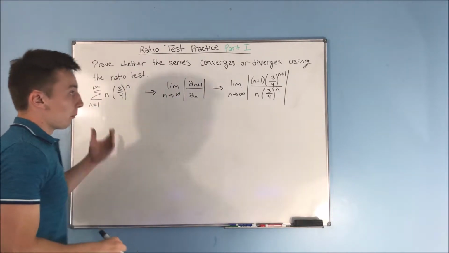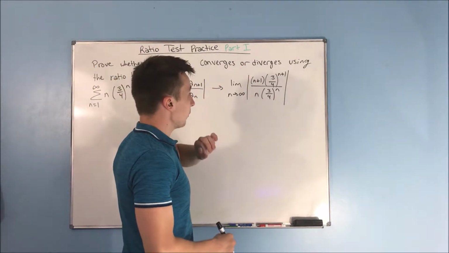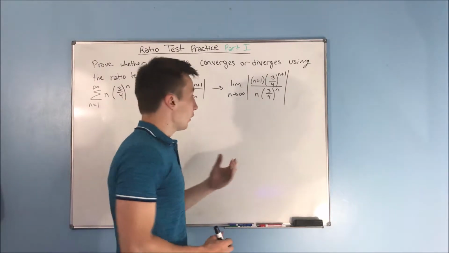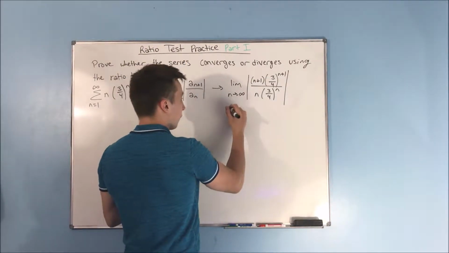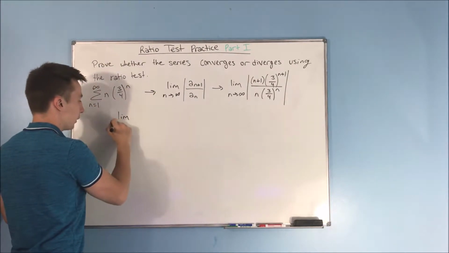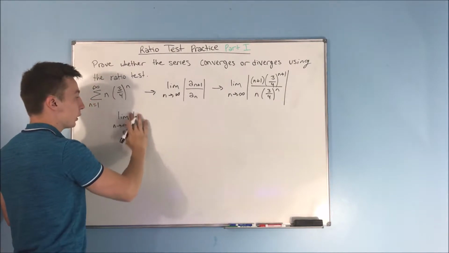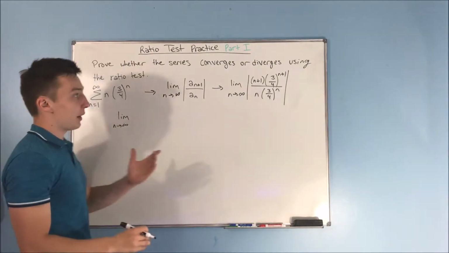Now, what can we end up doing with this? We're still going to have an n plus 1 over n. Limit as n approaches infinity of n plus 1 over n, and we actually don't need the absolute value signs because everything is positive inside here.